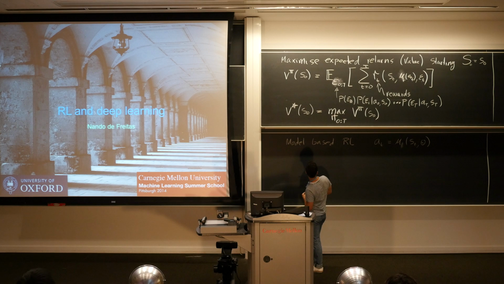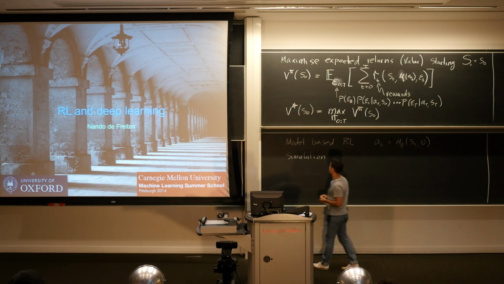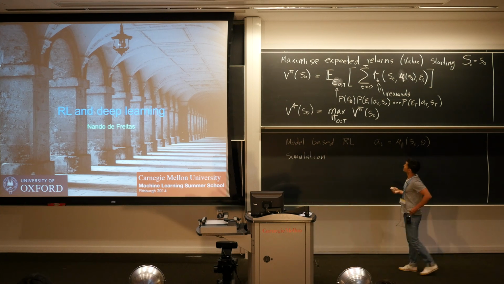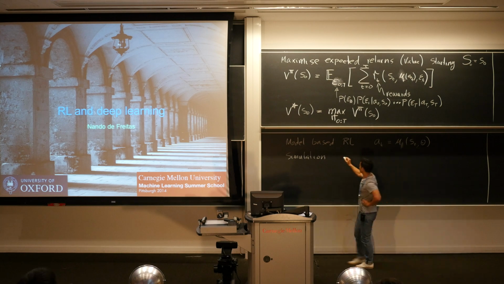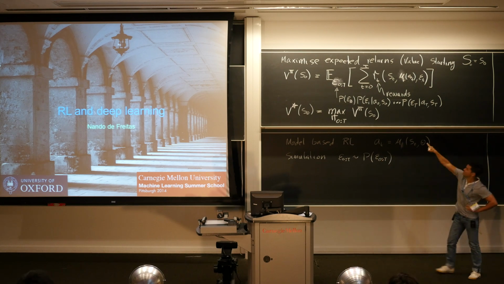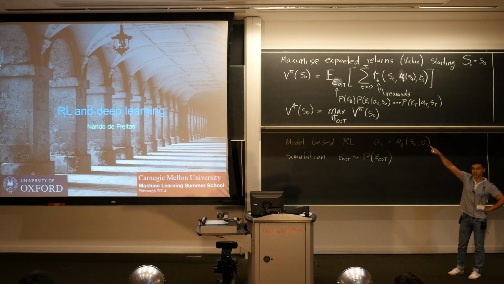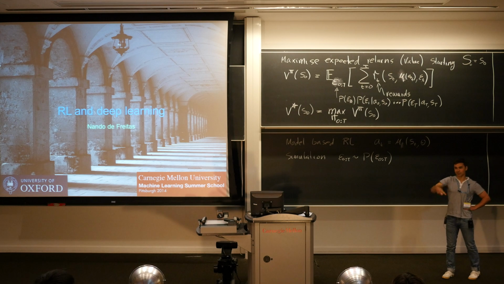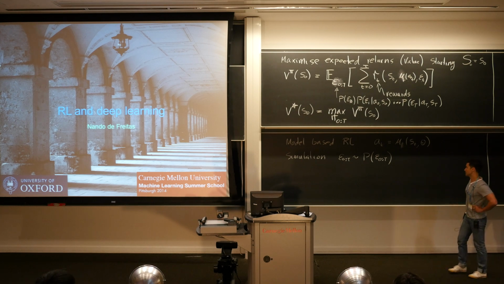So one way to do this is to simulate. When we do simulation, we're going to sample epsilon 0 to t from the probability. I'm just going to write it for short like this, but by that I mean that probability. So you sample epsilon 0 first, the system transitions, then you sample epsilon 1, the system transitions, you compute f, and then you sample epsilon 2 and so on.